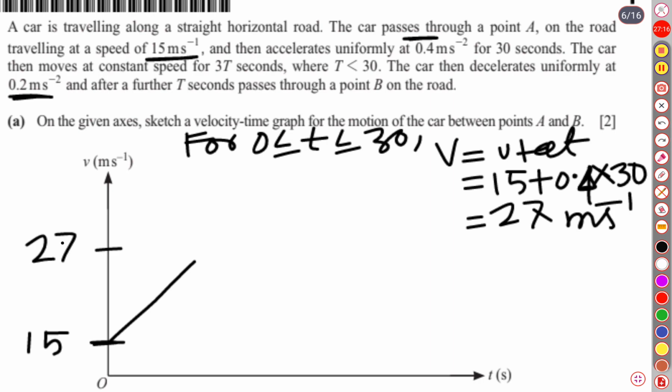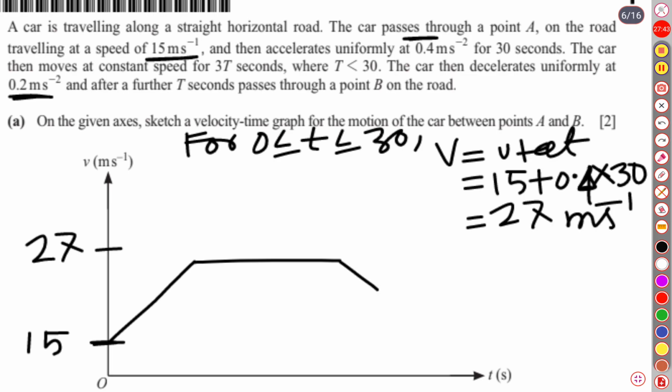Then for 30 seconds it is moving onward at constant speed. After that, in the third phase, the car decelerates uniformly at 2 meter per second square like this.